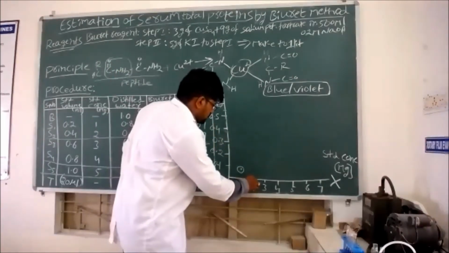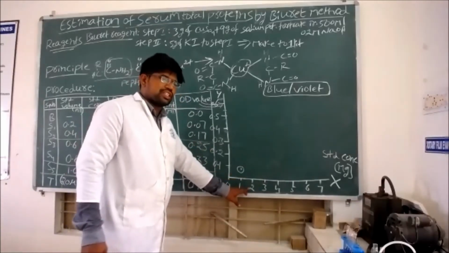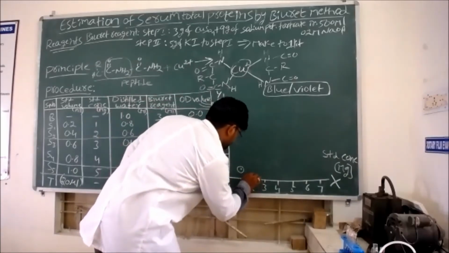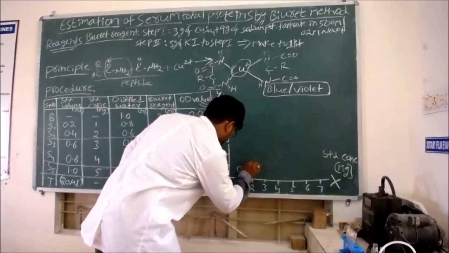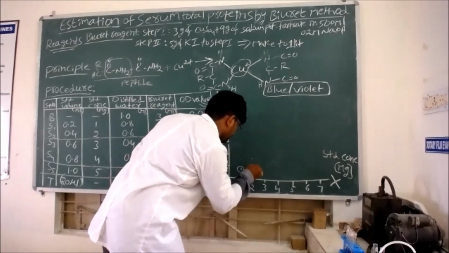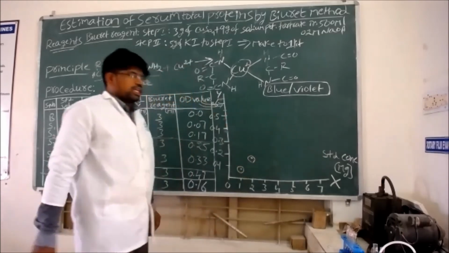Next, S2: the concentration is 2 mg. The OD value is 0.17. So that is S2.